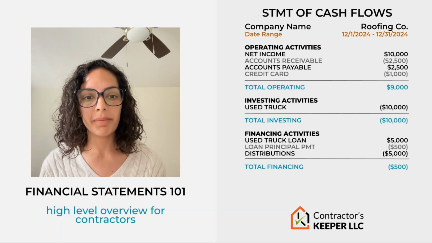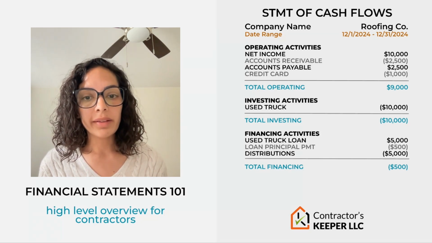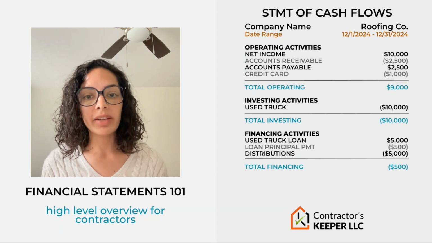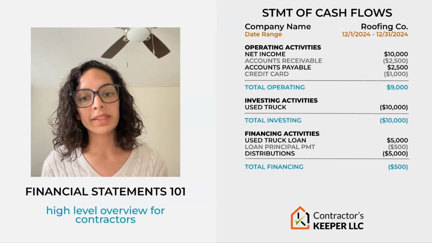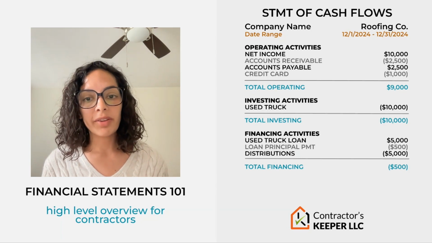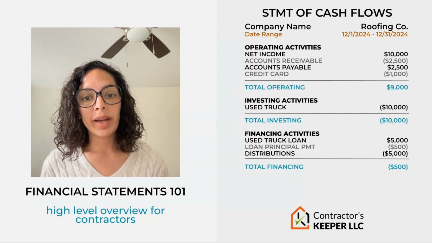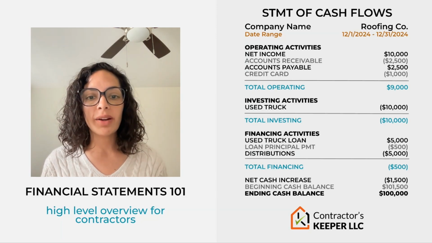To total our financing activities, that truck loan added $5,000 of cash. Our principal payment on the other loan decreased our cash by $500. Distribution decreased our cash by $5,000. When we subtract that $500 and $5,000 out, then we wind up with a negative $500. At the bottom, we see how these all net out.